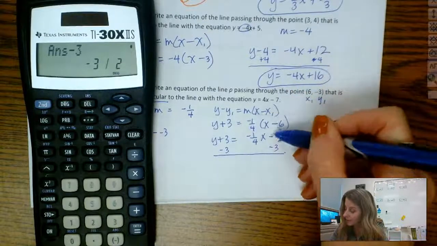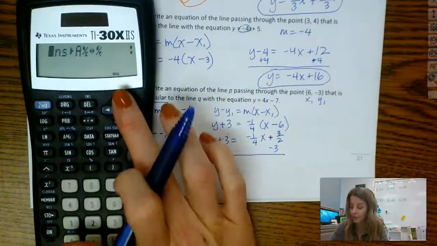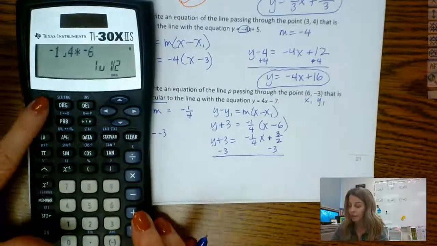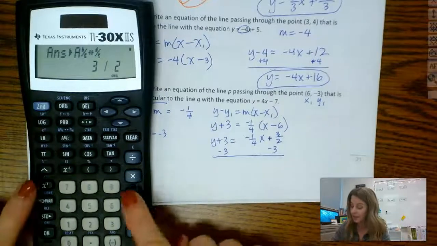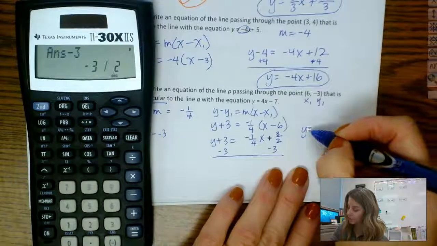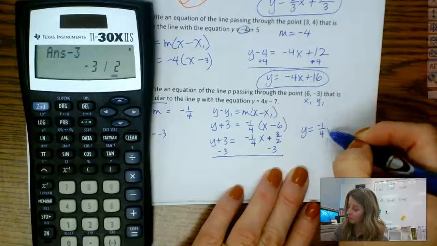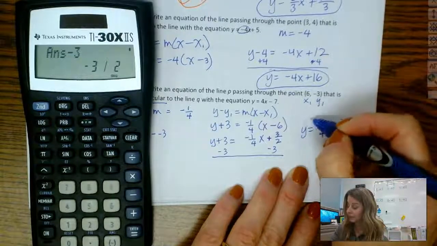A negative times a negative is a positive. I think I even had a positive on my screen here. Okay, backing up, I have positive 3/2 minus 3 gave me a negative 3/2. All right, so my equation is y equals negative 1/4 x minus 3/2.